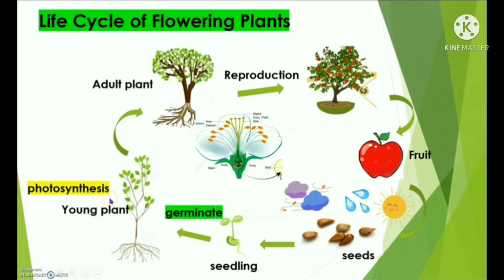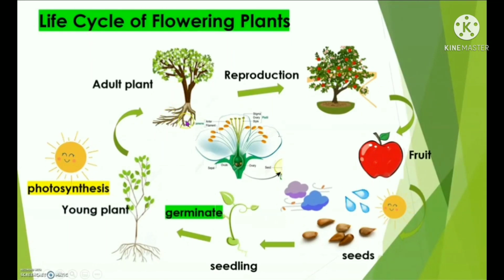Of course, by the process of photosynthesis that includes the sun. A young plant will also develop or grow its roots deeper so it can hold on to the soil stronger. As it continues to develop and grows, it will become an adult plant.